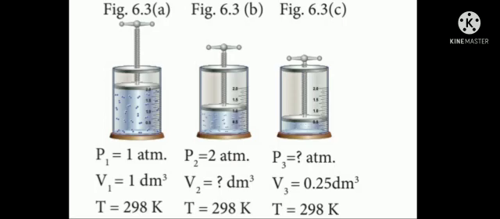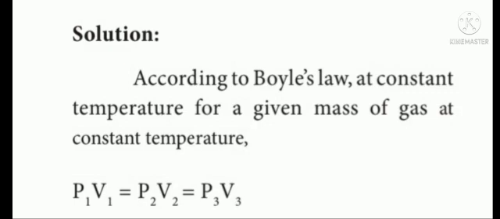From the question, we can understand that the problem is based on Boyle's law, because we have the temperature value constant, but there should be changes in pressure and volume. Solution for the problem. According to Boyle's law, at a constant temperature for a given mass of a gas, the pressure volume relation is given by P1 V1 equal to P2 V2 equal to P3 V3.